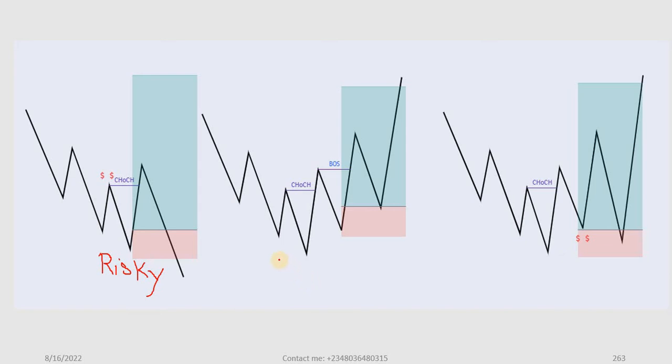Now this is what we call a confirmation entry. All of these things you are going to see once again. So what do we do in this confirmation entry? We don't enter immediately we see a change of character. After we see this change of character, we don't know for sure if price is going to continue this downtrend or wants to reverse.